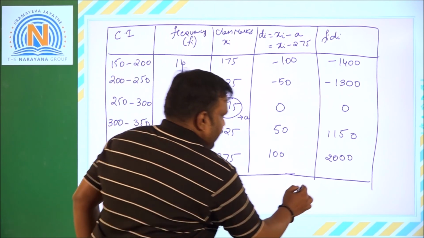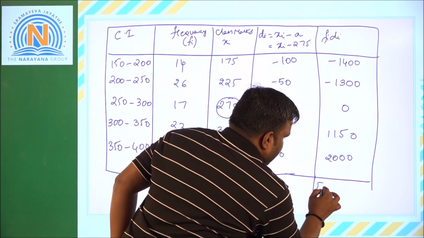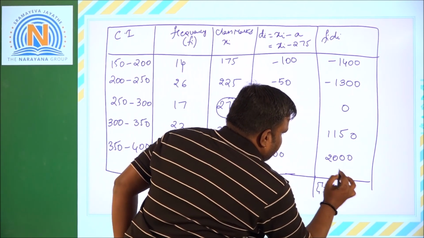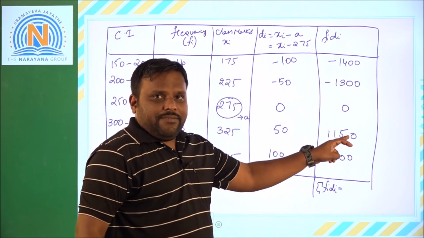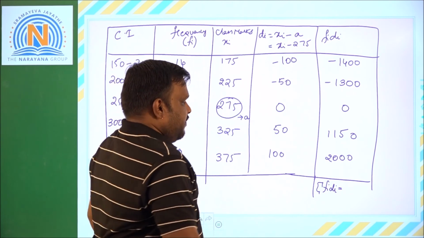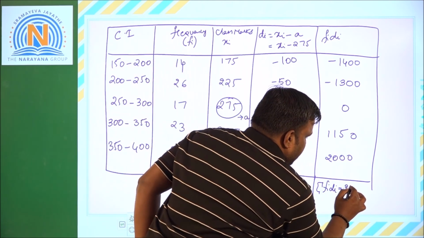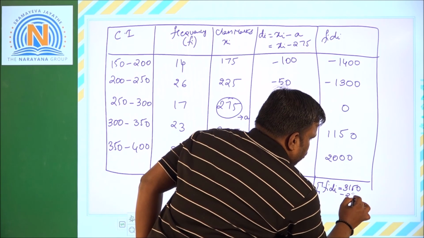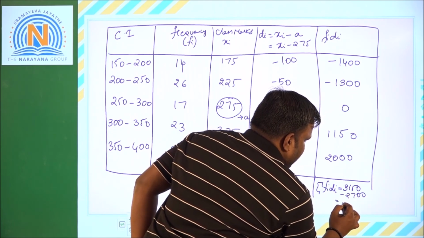Now take the summation, that is sigma fi di. 2000 plus 1150 is 3150, and minus 1400 minus 1300 is minus 2700. 3150 minus 2700 is nothing but 450.